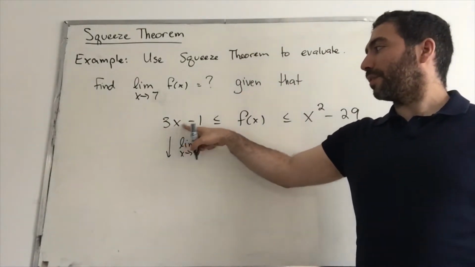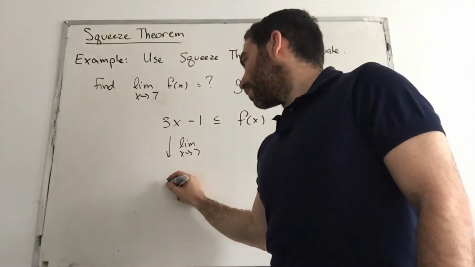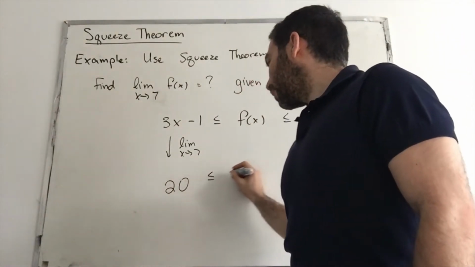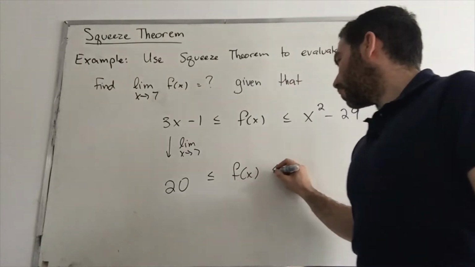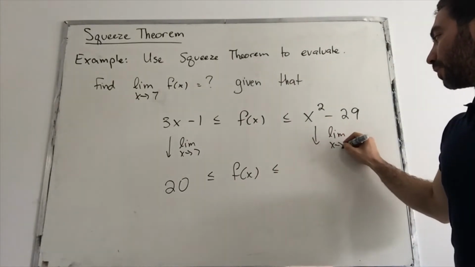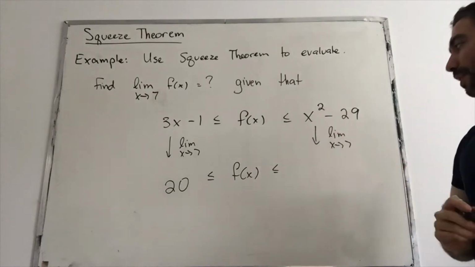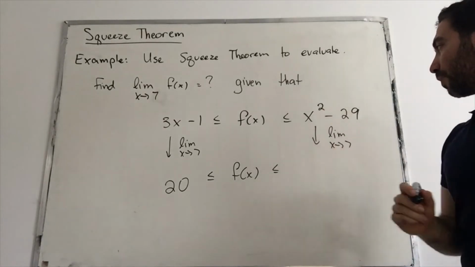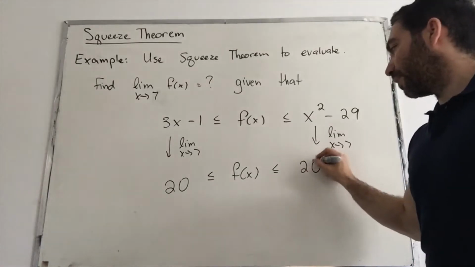So 3 times 7 minus 1, 21 minus 1 is 20, less than or equal to f of x, which is less than or equal to, and here we're going to take the limit as well, as x approaches 7. So 7 squared is 49, 49 minus 29 also gives us 20.